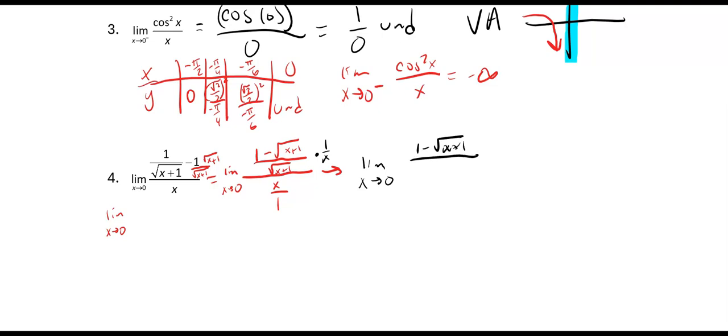And then the x will get multiplied to the radical. Like that. So we still, fake plug-in won't work because 0 right here will give us undefined.